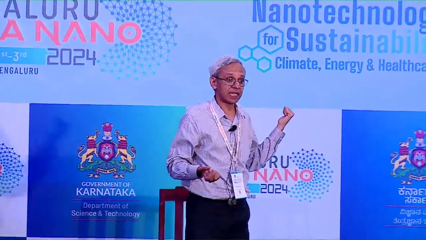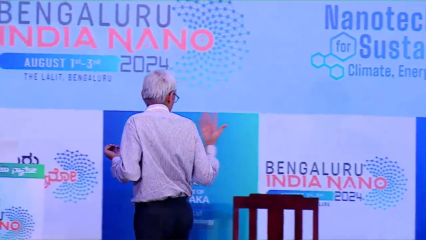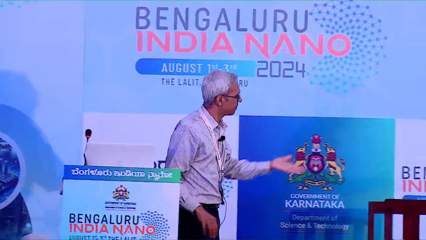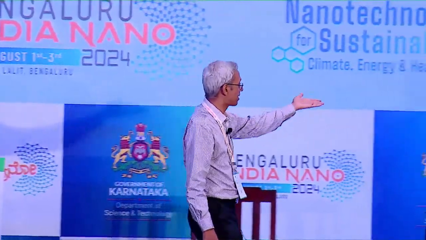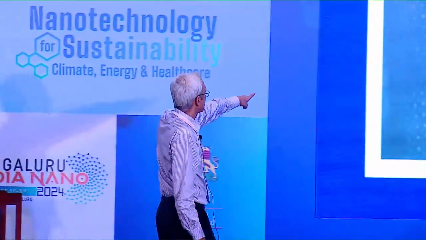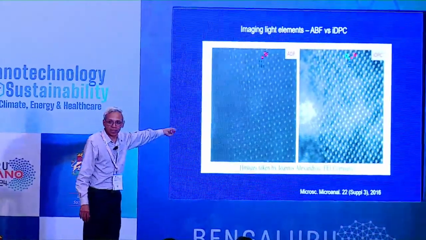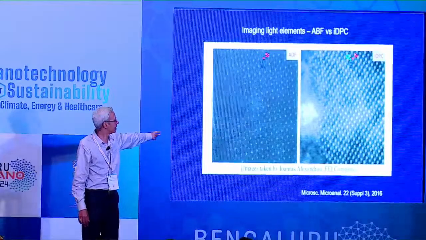And using this kind of technique, we can even image hydrogen. Hydrogen is the lightest element. We can image the presence of hydrogen in materials. It's a very important problem in many, many different situations. The example that I showed you for strontium titanate, this is not hydrogen. The angular dark field image only shows you strontium and titanium. It doesn't show you oxygen because it's lower atomic number.